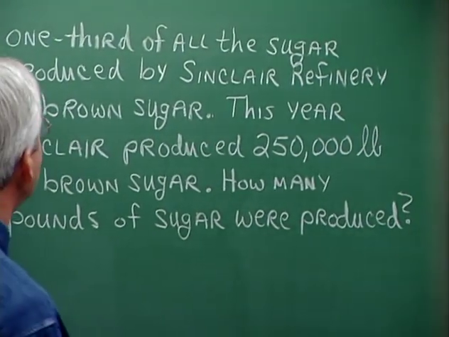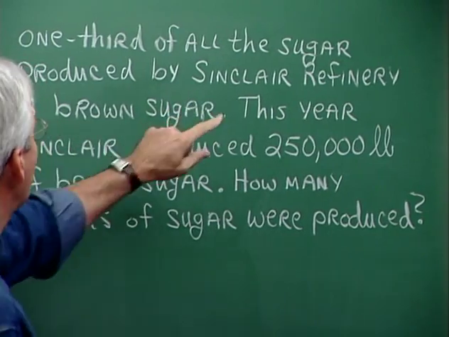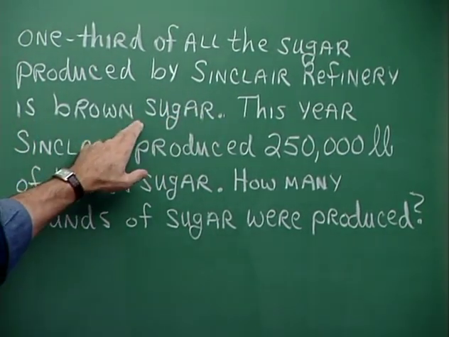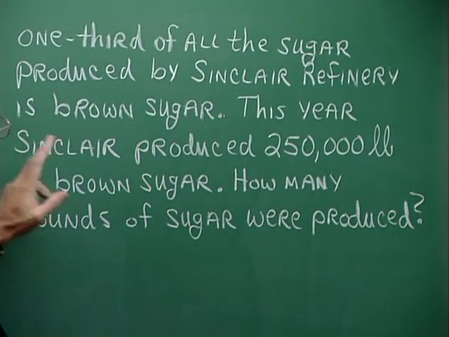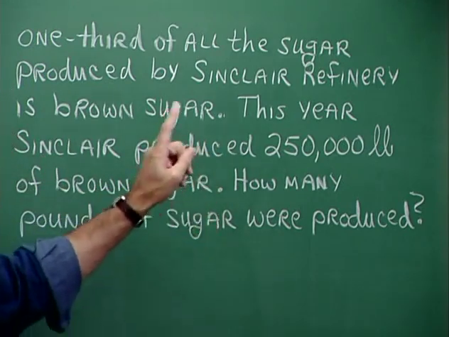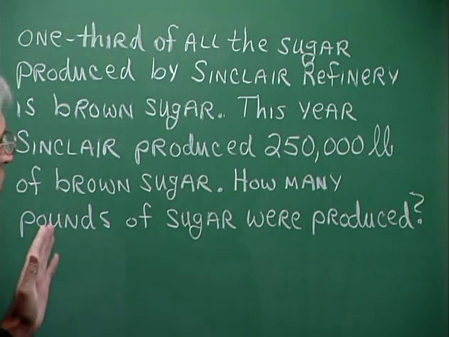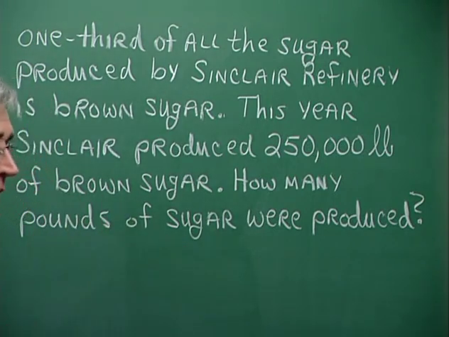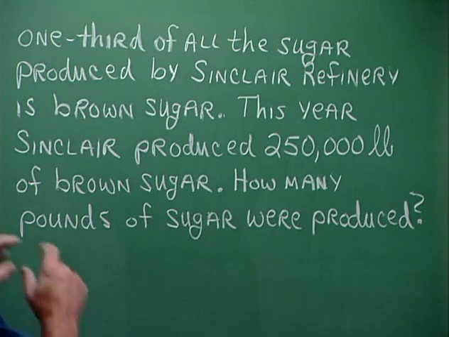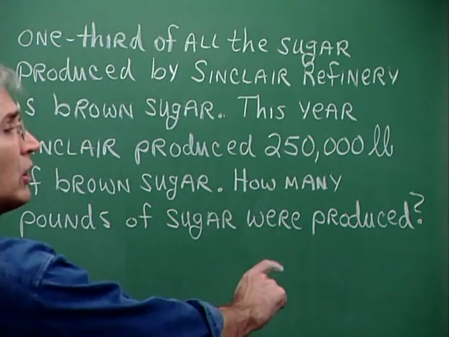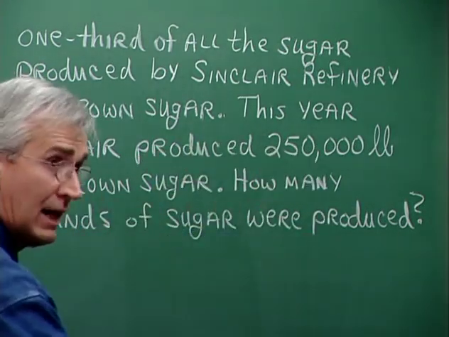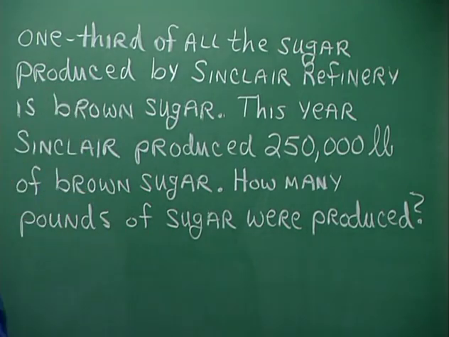1/3 of all the sugar produced by Sinclair Refinery is brown sugar. This year, Sinclair produced 250,000 pounds of brown sugar. How many pounds of sugar were produced by Sinclair Refinery? How many total pounds of sugar, brown and otherwise, is what this implies.